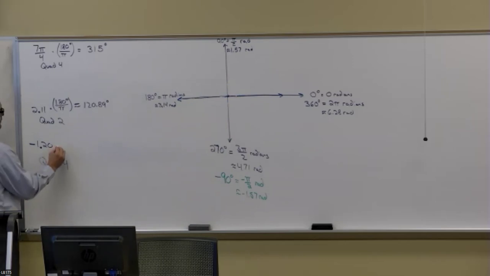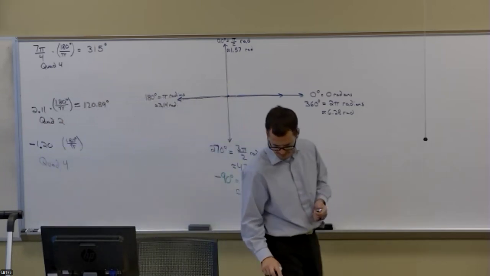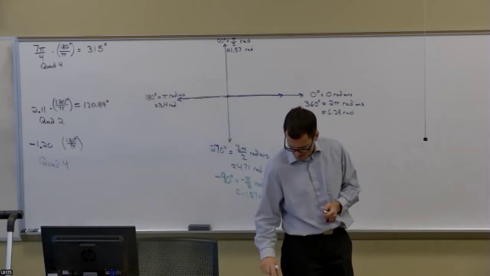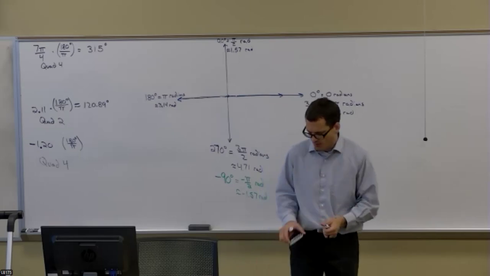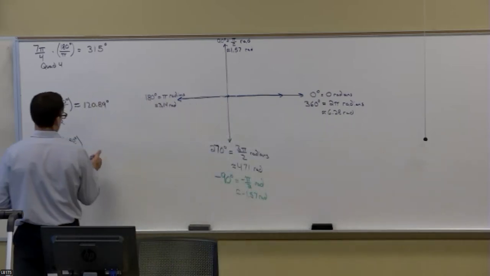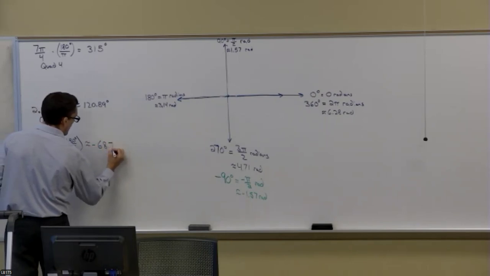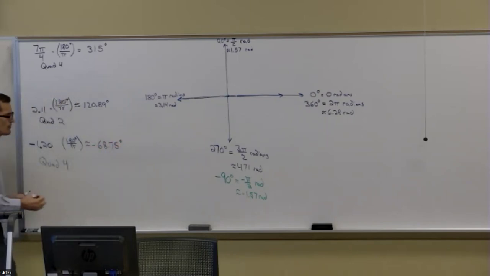In the same way, if we wanted to use degrees rather than radians, we could have just multiplied it by 180 over pi. That would have been negative 68.75 degrees, and we'd have got the same result.